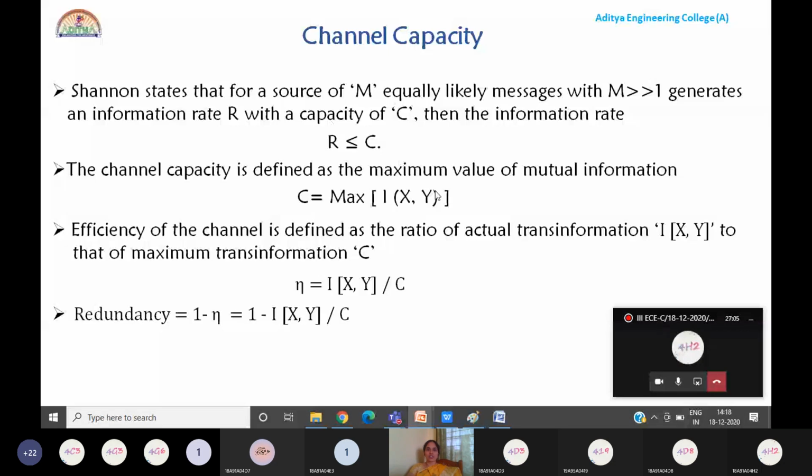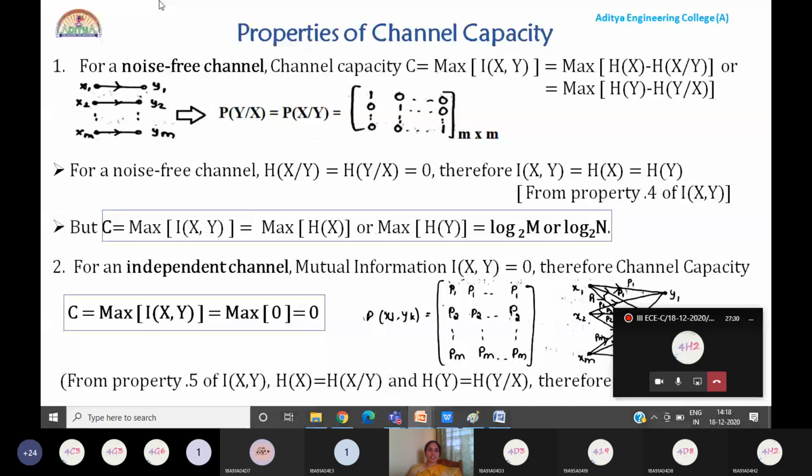These two expressions you need to write as the definition of channel capacity if it is asked in the exams. In exams you may be asked to write the definition of channel capacity and list its properties, or they may ask you to derive the expression for the channel capacity of a noise free channel. Then you have to write everything regarding the noise free channel, which we studied in the first property of mutual information.